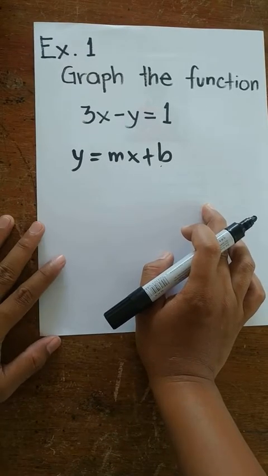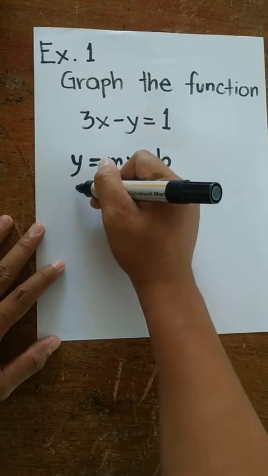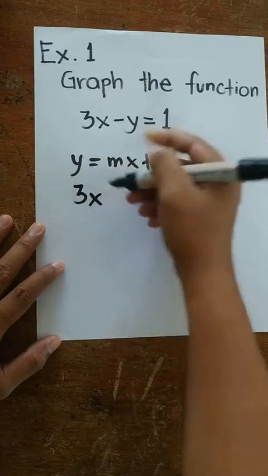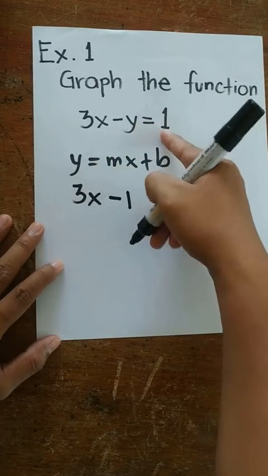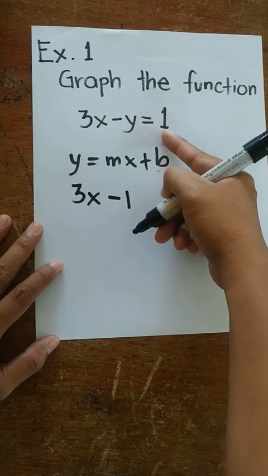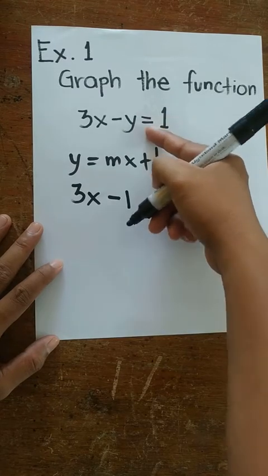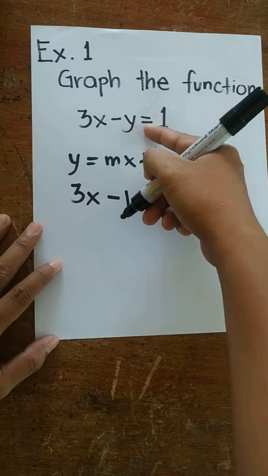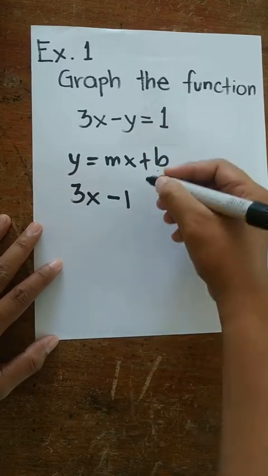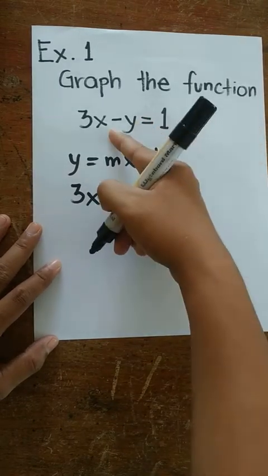So it's going to be 3x minus 1, because we have a positive 1 here, and since it crosses the equality sign, it will have its additive inverse, which is negative 1, equals y.